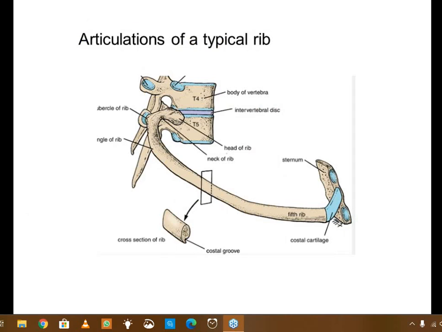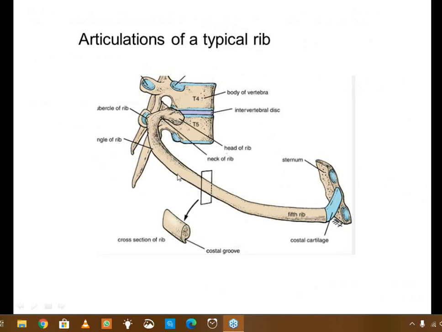So in this, you can see what are going to be the articulations of a typical rib. Now you can understand. The anterior end of the rib continues with its costal cartilage at the costochondral joint, and this costal cartilage in turn articulates with the side of the sternum.